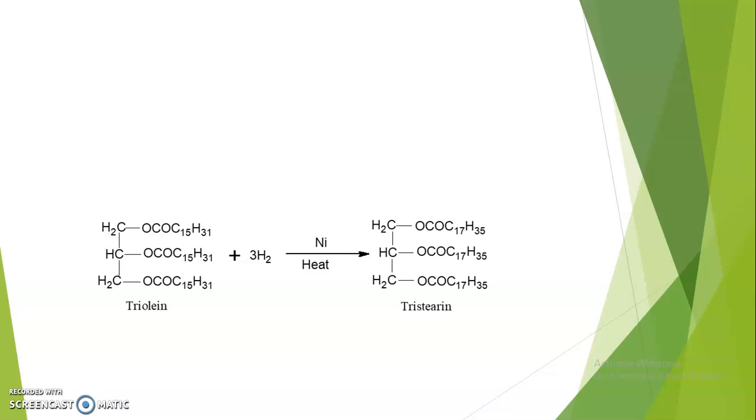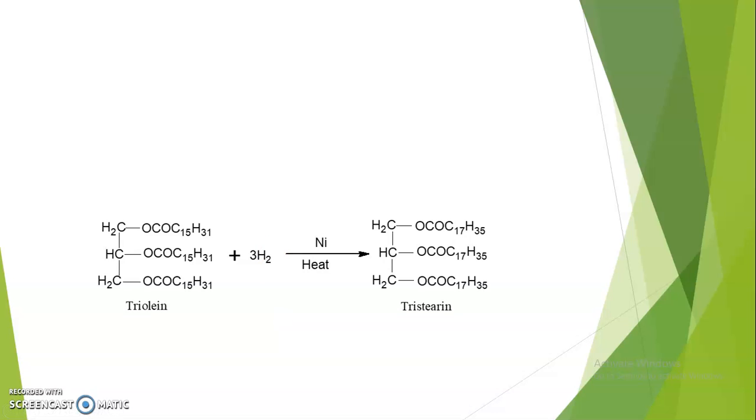Triolein, when reacted with 3 hydrogen molecules in the presence of nickel, is converted into tristearin. So there is formation of more saturated groups in tristearin, which consists of stearic acid. Here you can see there is an increment of hydrogen carried out by this hydrogenation reaction.